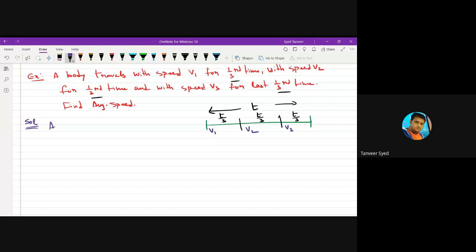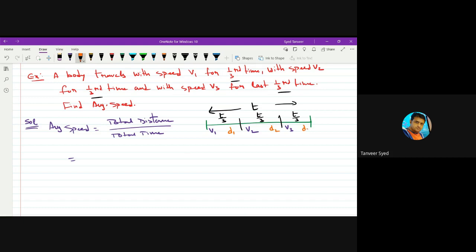Then average speed formula, total distance by total time. Okay. How much is total distance? Not given. Then we say distance traveled in first one third part of time is d1. Second one third time, d2.